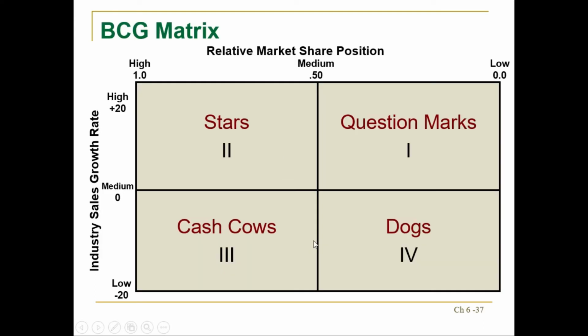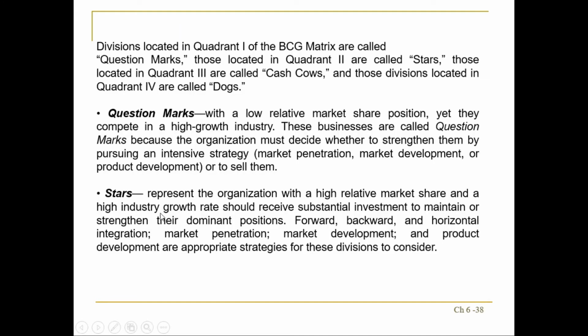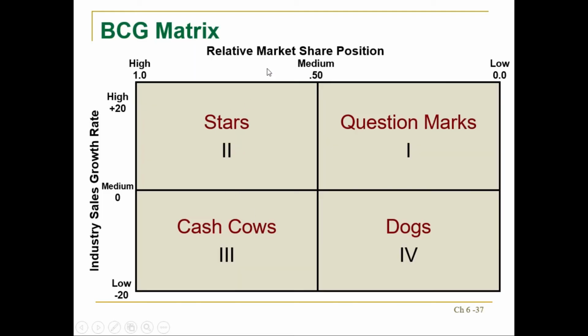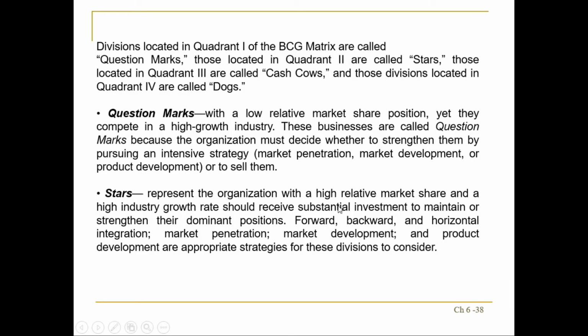And next, if your firm lies in the star quadrant, it represents an organization with a high relative market share and high industry growth that should receive substantial investment to maintain and strengthen its dominant position, because a high relative market share with a good growth rate requires to be maintained for the longer term, which is not an easy job, but that can be done.